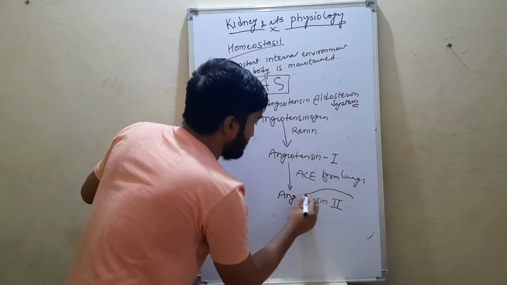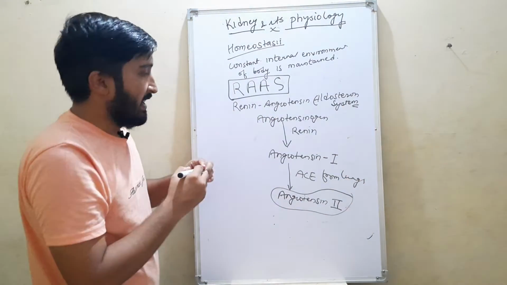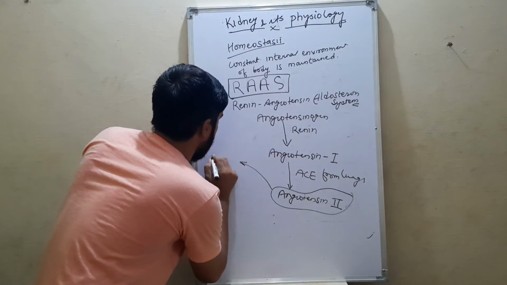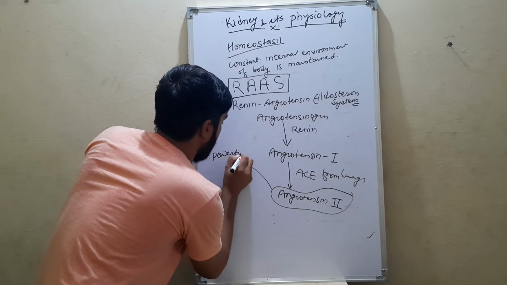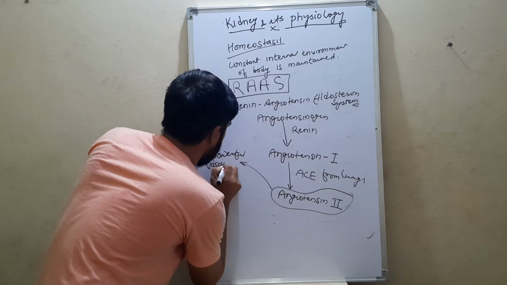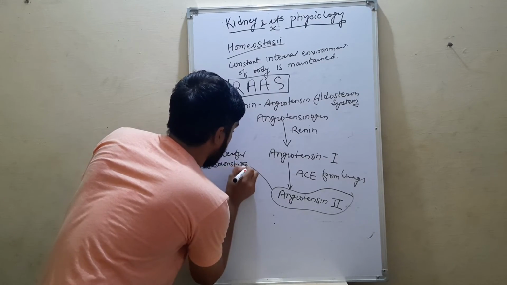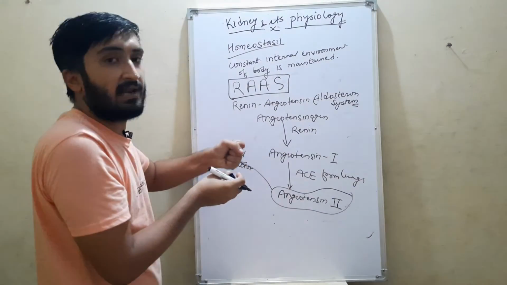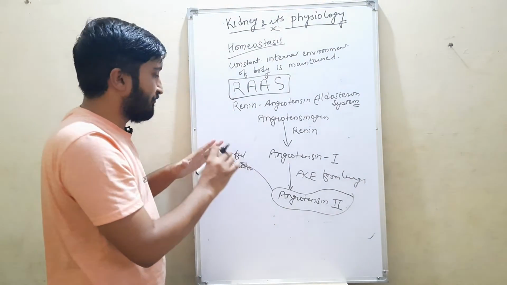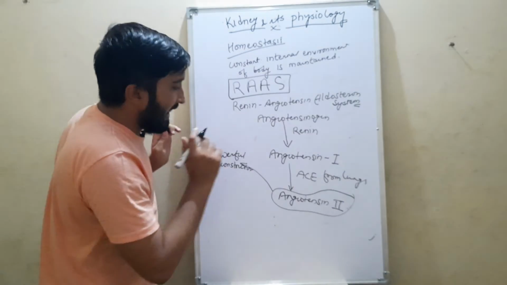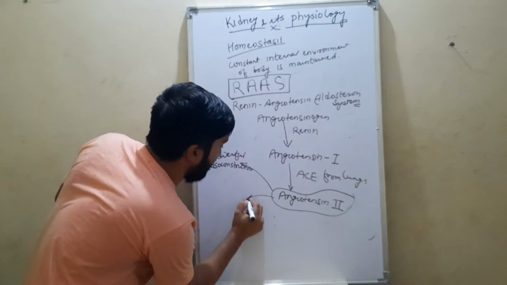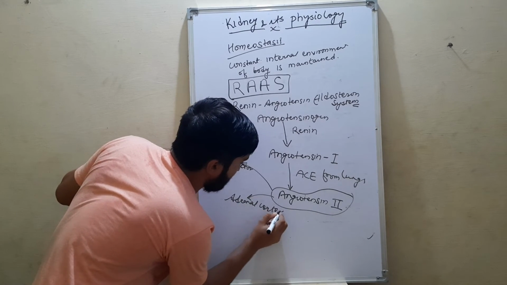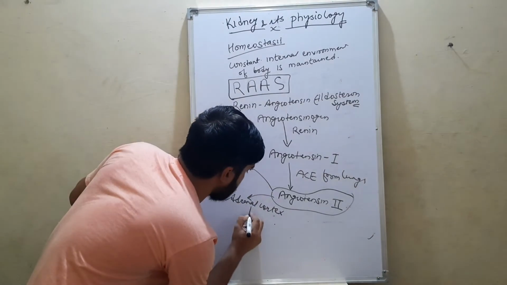Now this angiotensin second has two functions. It is a powerful vasoconstrictor. So it will constrict the blood vessels, so the body fluid is maintained. Second, angiotensin second will act on the adrenal cortex and help to release aldosterone.